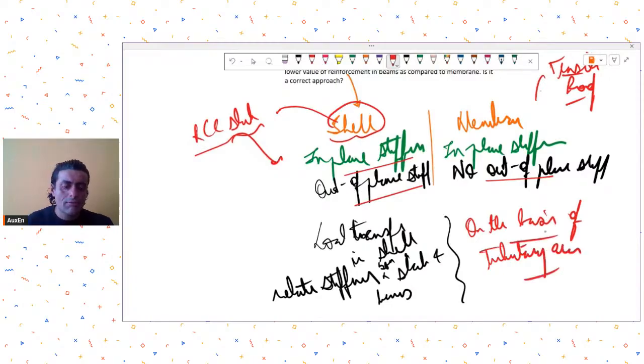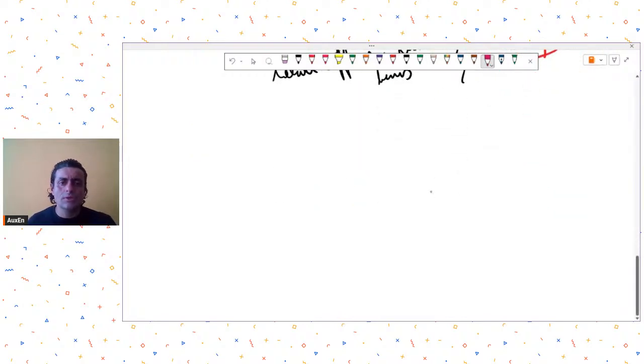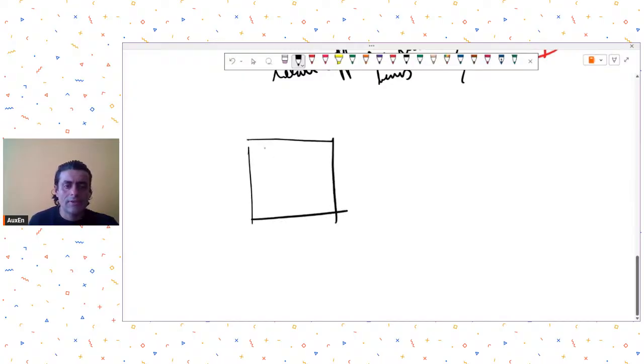So that's why it may happen that in membrane the load distribution changes, and especially you will observe this for larger aspect ratios. See, suppose I have a slab like this. This is the plan view. These are four columns and four beams.